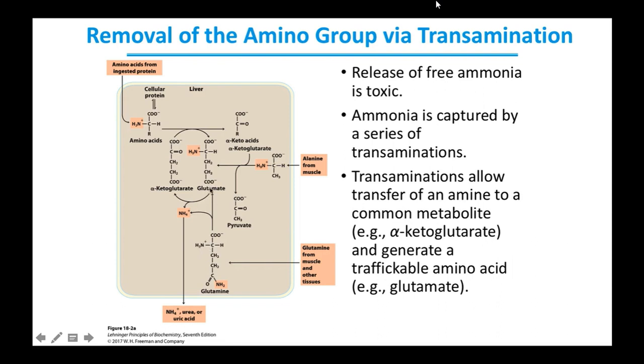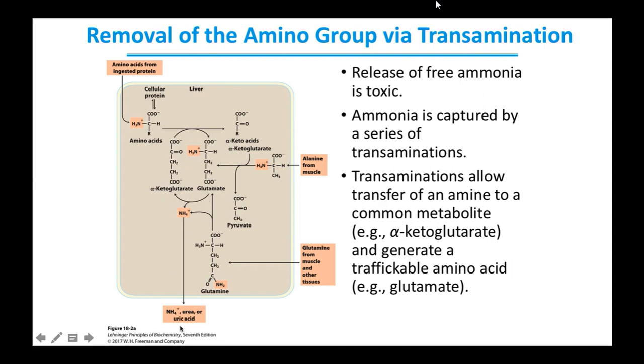It can be converted to glutamate because glutamine is just the amide of glutamate. And so you see this carboxylic acid has been converted into an amide. That's glutamine. It releases that amine and becomes glutamate, and then the glutamate, of course, can release its amine in the same way as well.